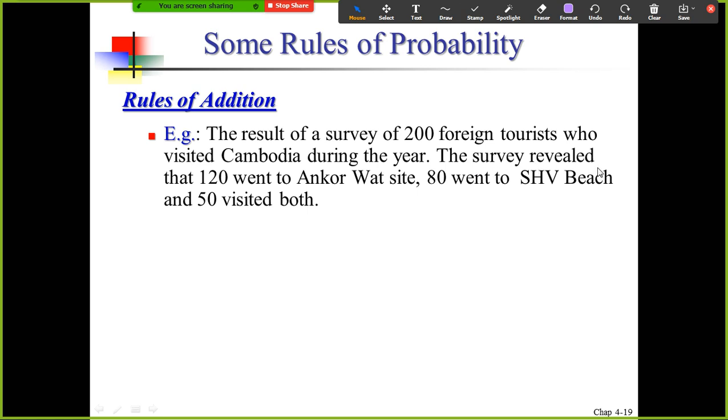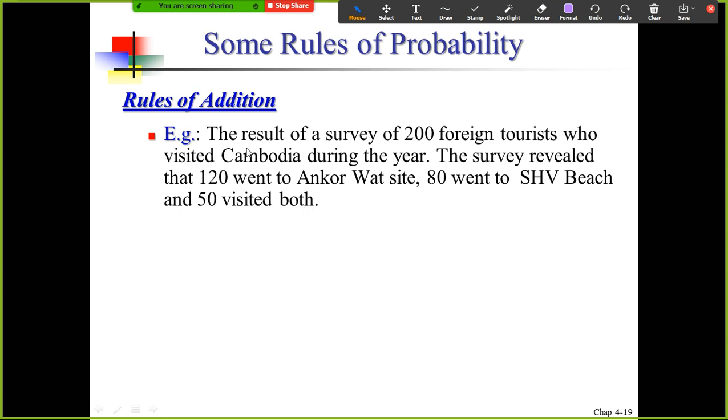The survey showed that among the 200 foreign tourists, 120 went to visit the Angkor Wat site. The other 80 went to enjoy beach swimming, that means Sihanoukville Beach. And among the 200 foreign tourists, 50 went to visit both places.